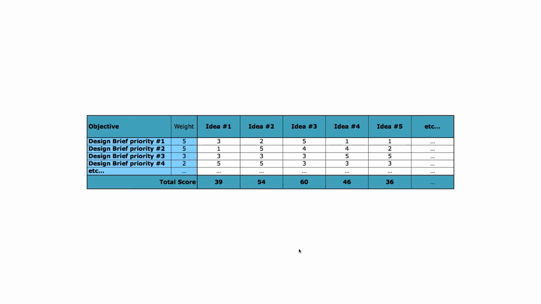And then ideally you go through and do a decision matrix on these, where you say, what are your design brief priorities and how important are those? And how well does each idea score on those?